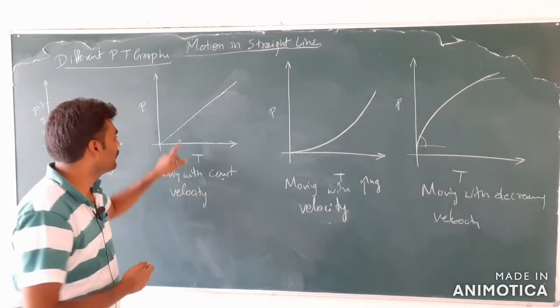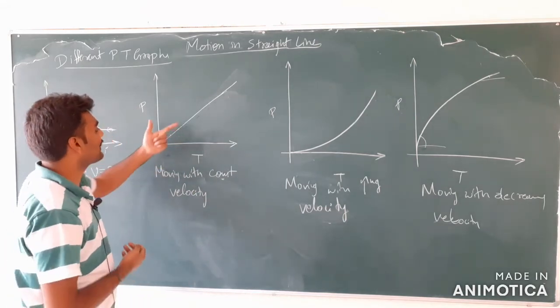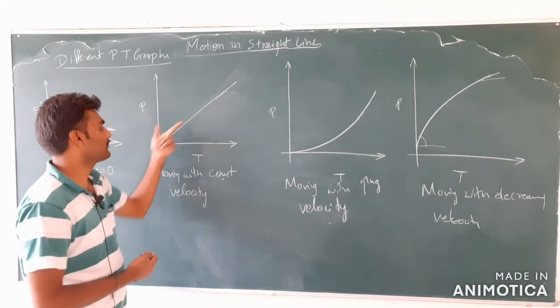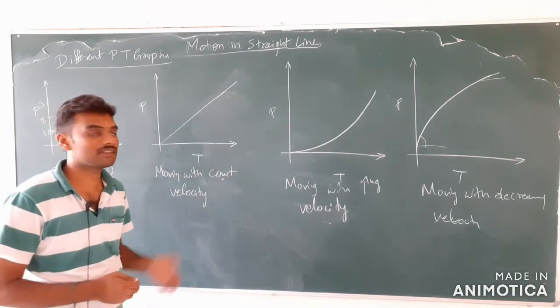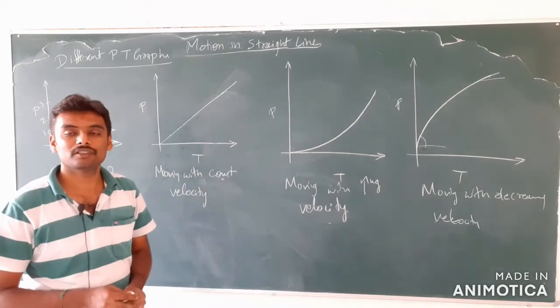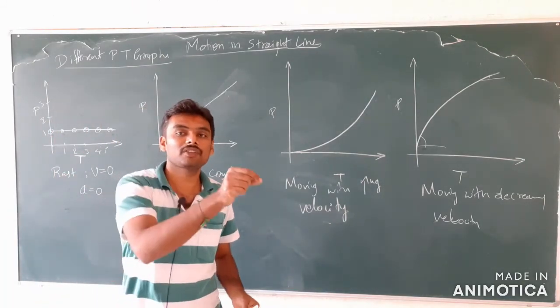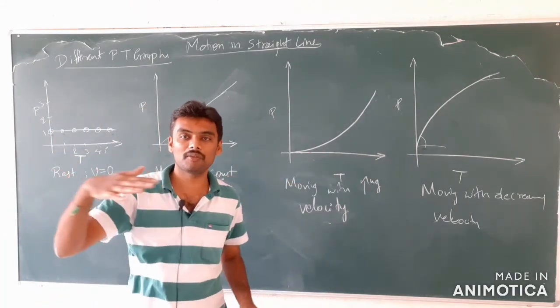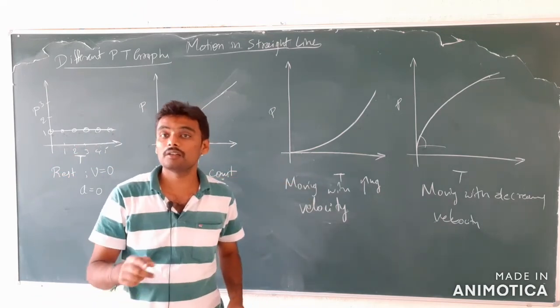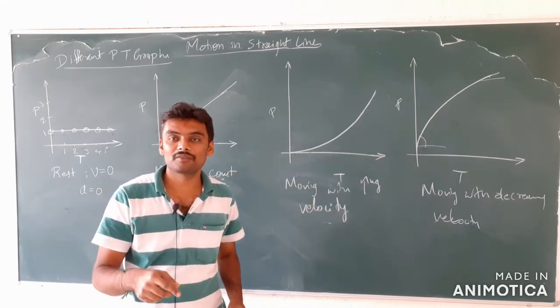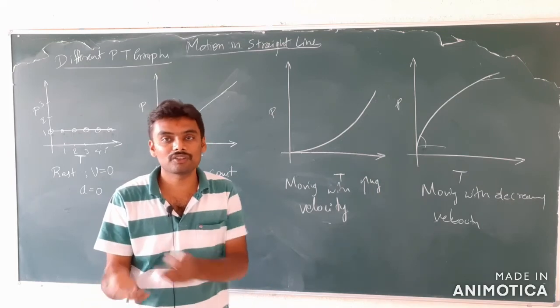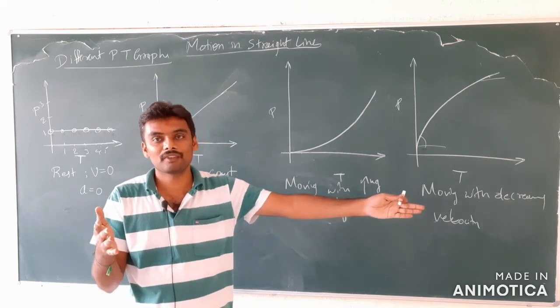Okay. Let me take the second case. In the second case, slope is constant, which means velocity is constant, say 5 meter per second fixed. 5 meter per second, same velocity. But now, what is the change in velocity? Change in velocity is 0 because the body is moving with same velocity.